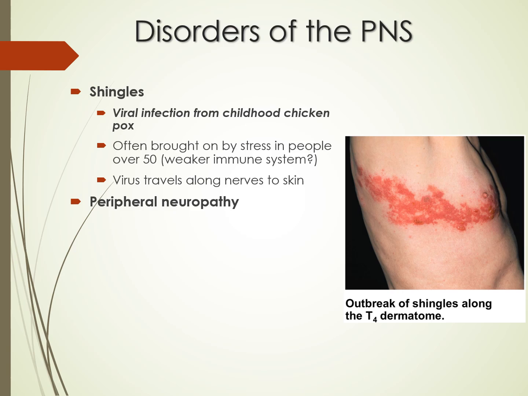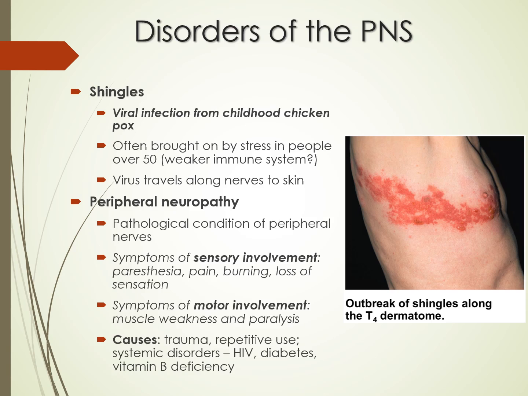So whether it has to be due to a weaker immune system as we age, we do usually just see it in older people. And the virus essentially travels along the nerves to the skin. So where it affects the skin, we call those dermatomes. So remember we said that those intercostal nerves are sending out branches to the skin, right?